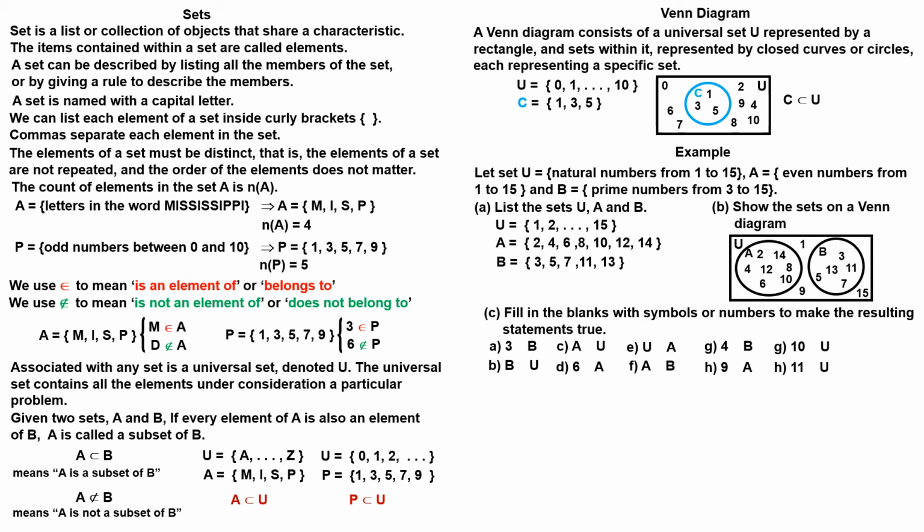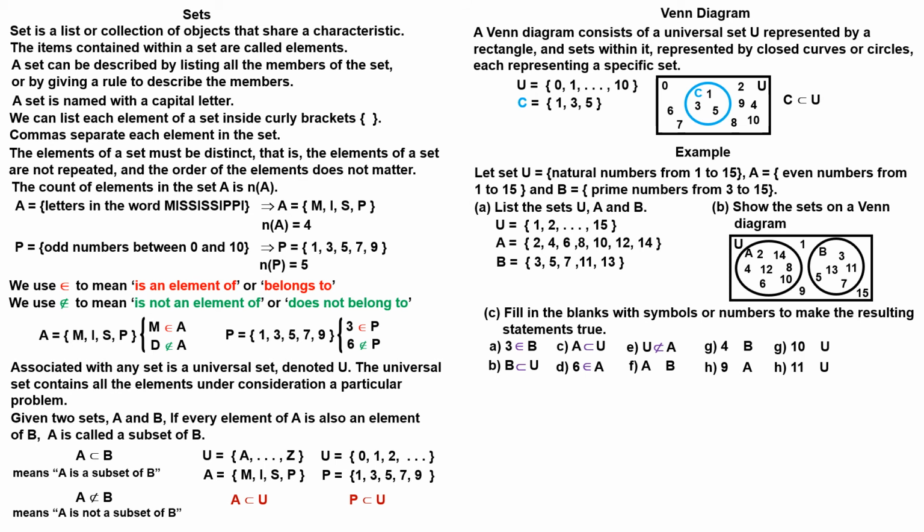Three is an element of B. Set B is a subset of set U. Set A is a subset of set U. 6 is an element of A. Set U is not a subset of A.